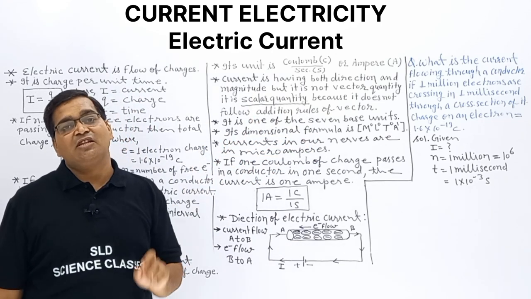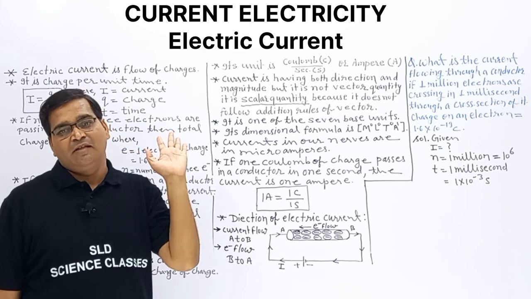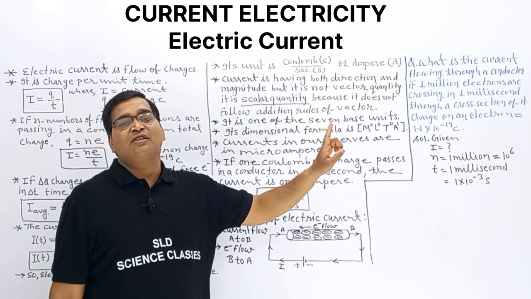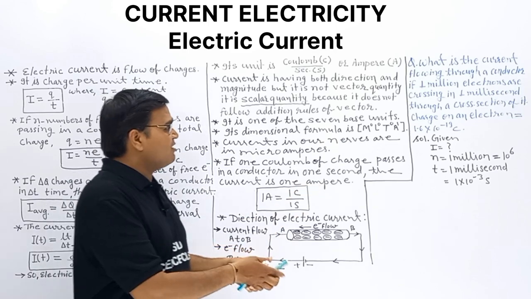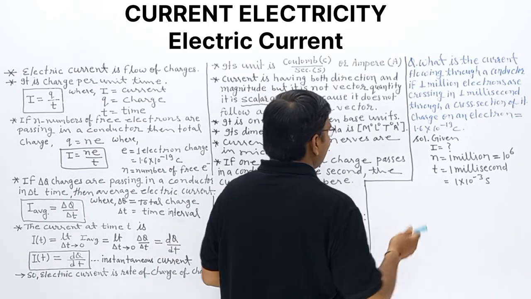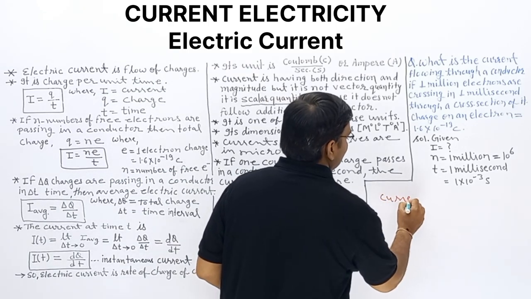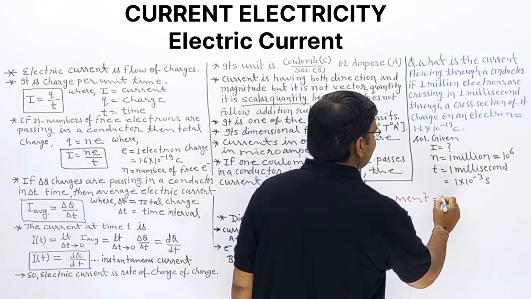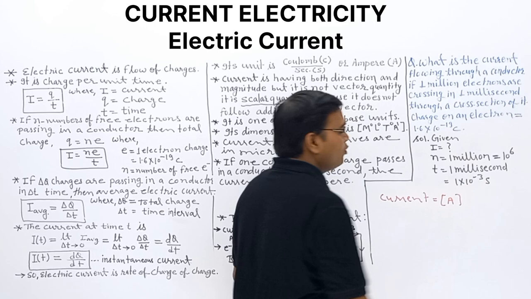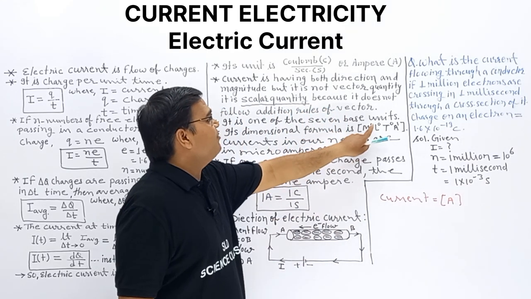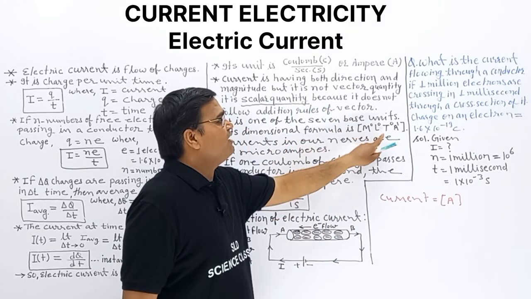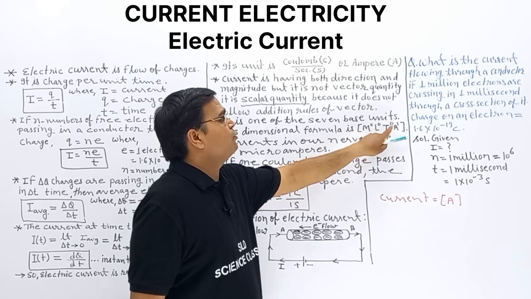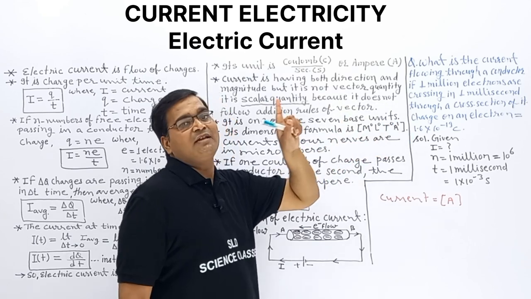The 7 base quantities have their own dimensional symbols. What is the dimensional symbol of current? Current is a base quantity and its dimensional symbol is A. So in M, L, T the dimensions are 0, 0, 0, but A appears 1 time.